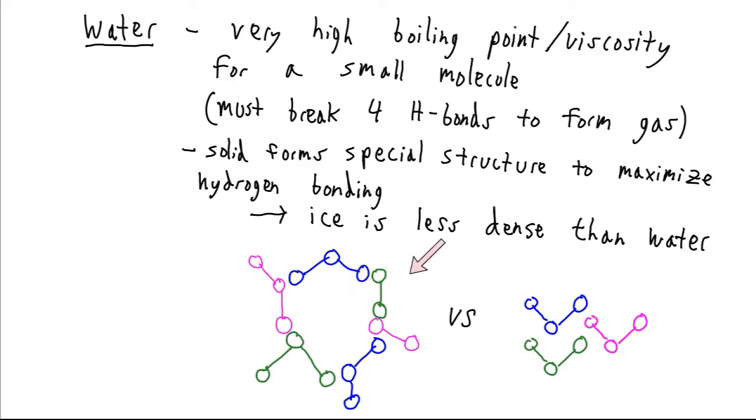And you can tell that's much less dense than when we have the more disordered arrangement of water molecules. Environmentally, it's very important because that means that lakes tend to freeze from top to bottom instead of bottom to top, and ice acts as an insulator, which winds up preventing the entire lake from freezing, which would be a more difficult environmental hurdle for fish to deal with than just having a layer of ice on top of the pond.